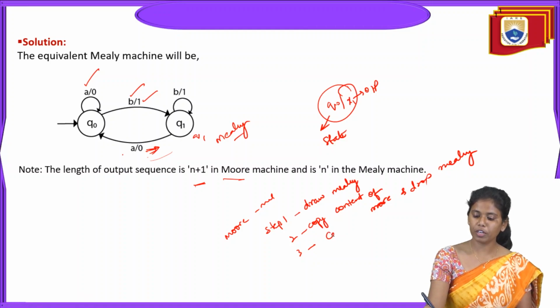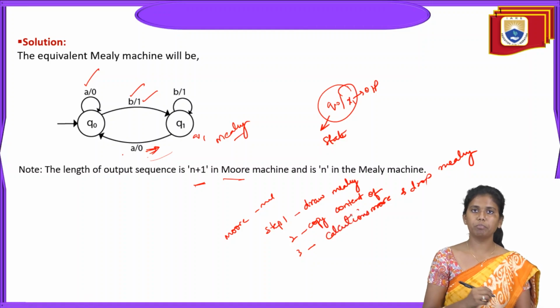And then finally go for the regular calculations.